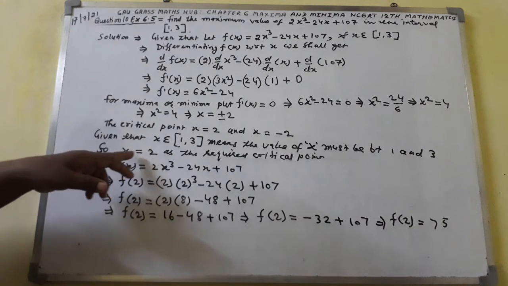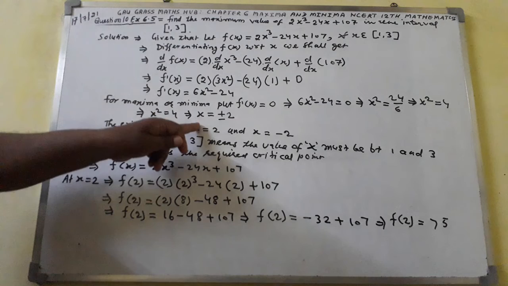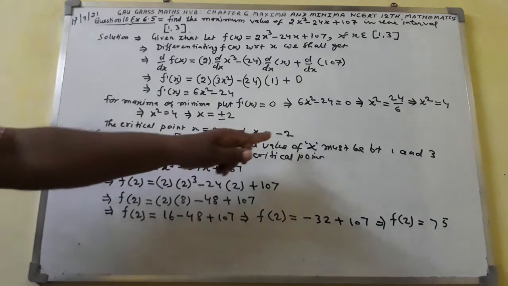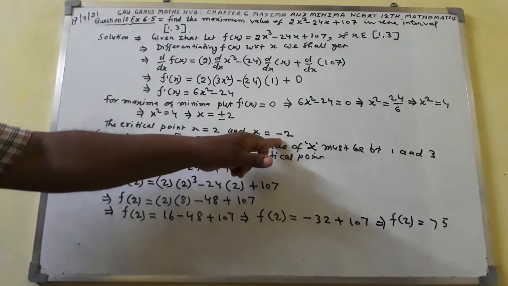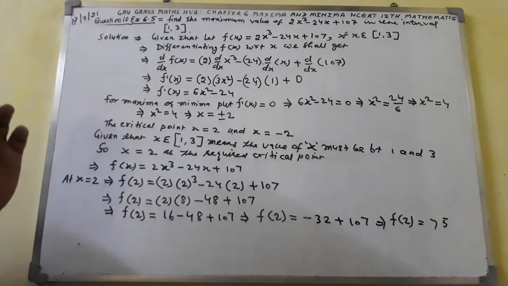You have to think over x equal to 2. But what about x equal to 3? From this statement, we have got x equal to plus 2, because here minus 2 will not be counted, as the closed interval 1 comma 3 is given.